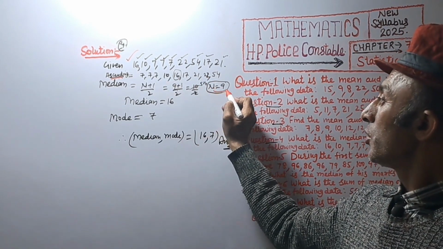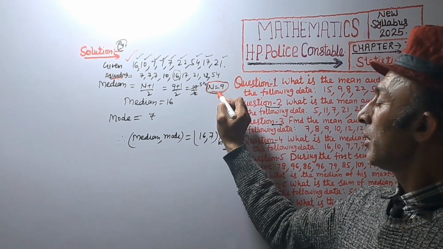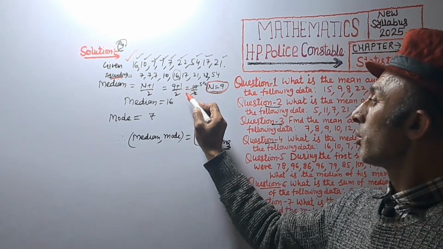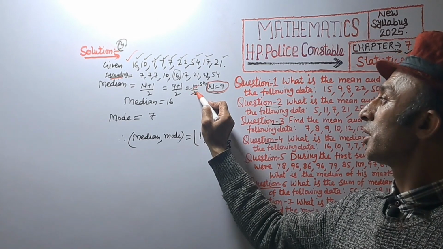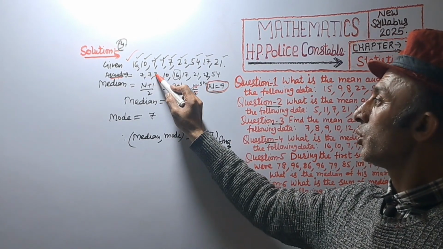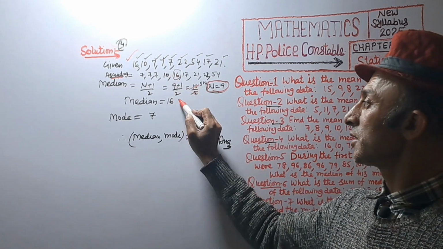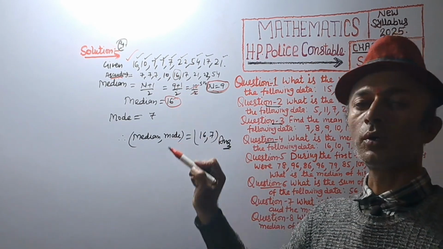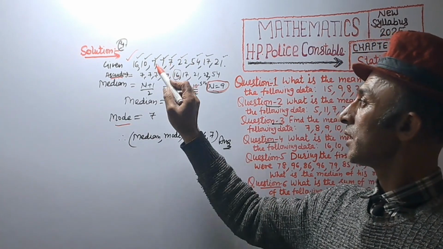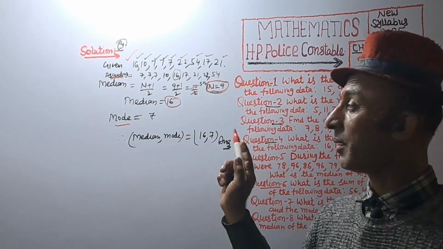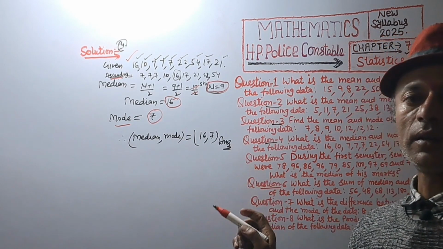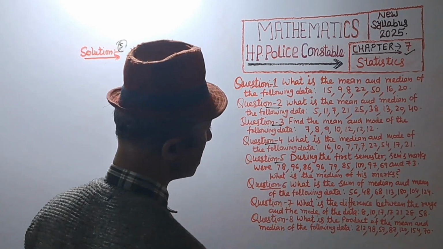And if n is equal to 9, which is odd number, then median equal to n plus 1 upon 2, that is 9 plus 1 upon 2, 10 upon 2, fifth number. And fifth number is 1, 2, 3, 4, 5, that is 16. So median equal to 16. And mode 7 is occurring 3 times, maximum times, so mode equal to 7. So 16, 7 answer.